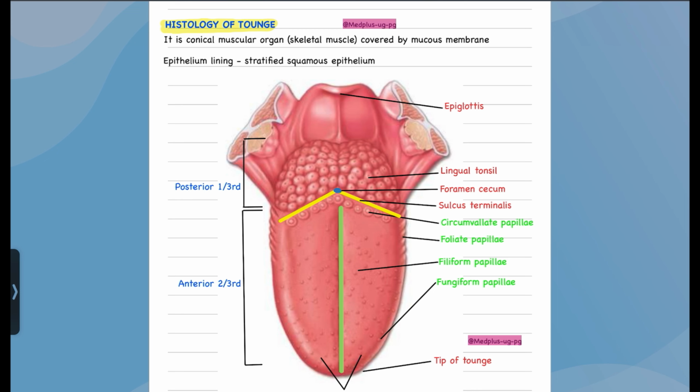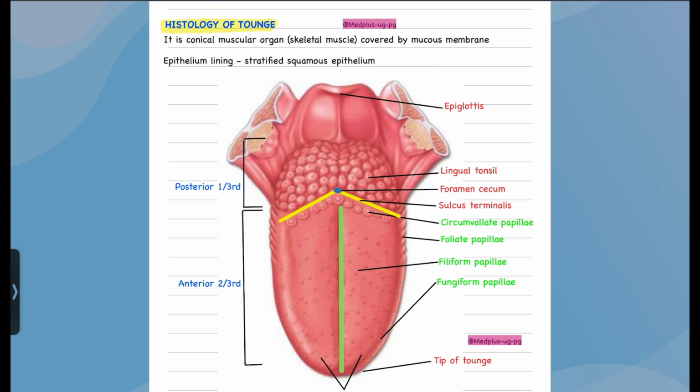Now we will see different types of papillae. We have 4 types of papillae: circumvallate papillae, foliate papillae, filiform papillae, and fungiform papillae. Circumvallate papillae are present just anterior to the sulcus terminalis. These are only 4 to 8 in number. Just posterior and on the lateral side of the tongue there is the presence of foliate papillae.